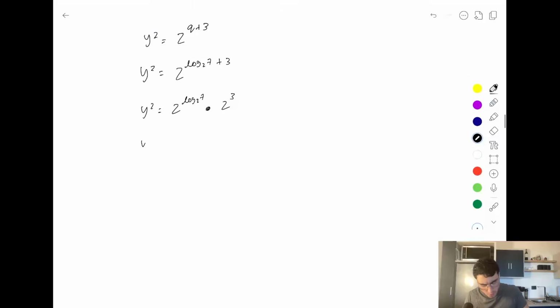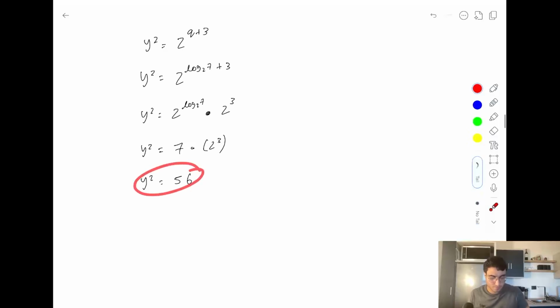So therefore, y squared is equal to 7 times 2 to the 3. Okay, what's 2 to the 3? Well, 2 to the 3 is 8. So y squared is going to equal 7 times 8, which is 56.